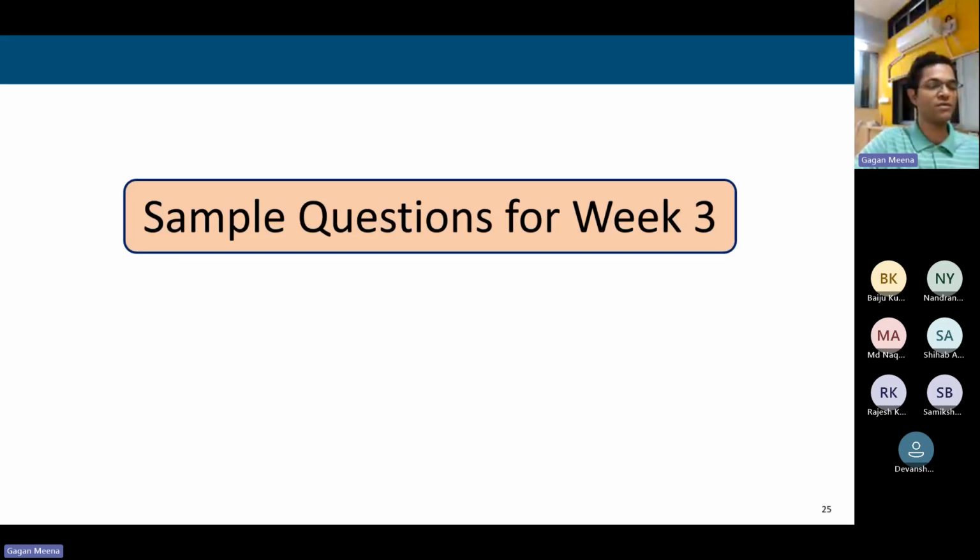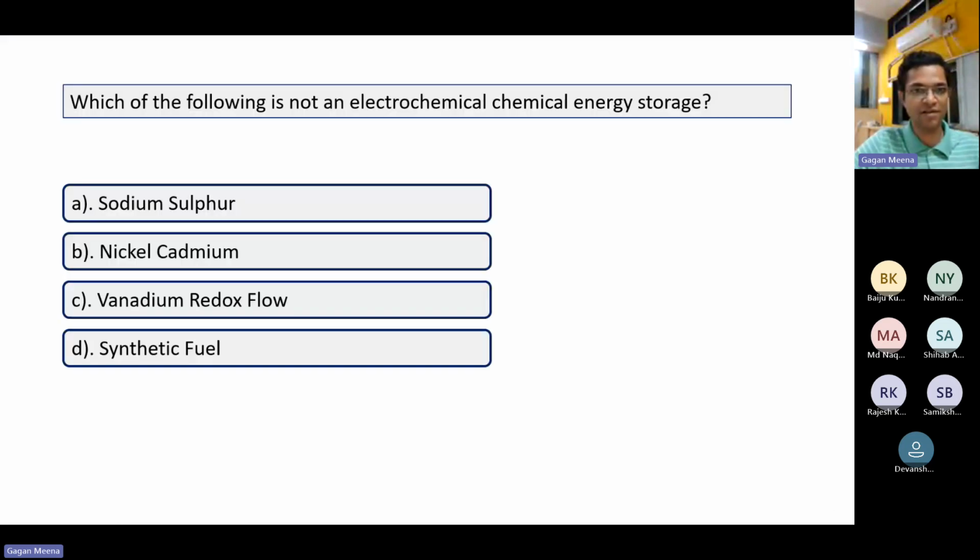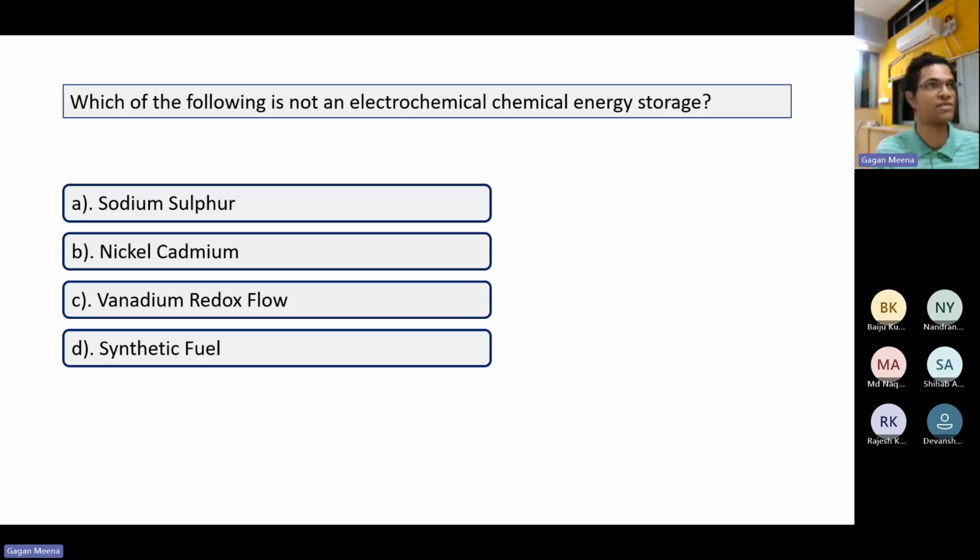Okay. Now we'll move to the questions. The first question is, which of the following is not an electrochemical energy storage? Very simple question. We have discussed all the different types of energy storage systems. So what's the correct answer?